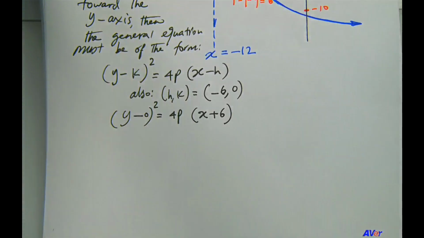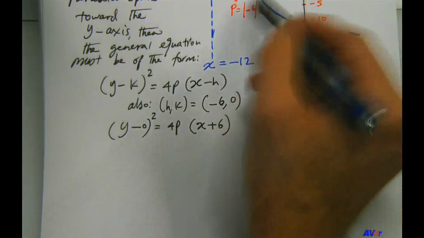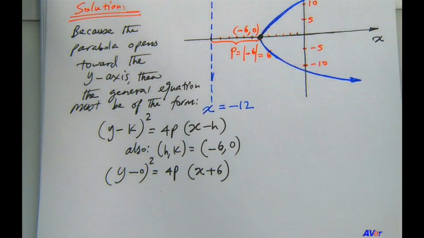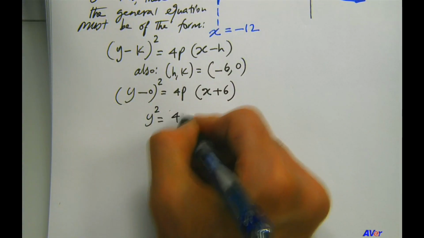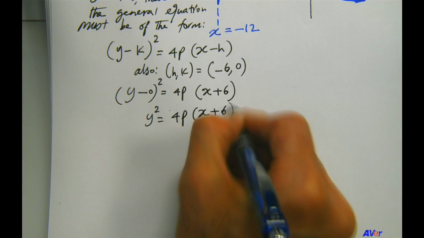So I guess I wrote here what I should have probably written here. So first let me clean this up. So this will be y squared equals 4p times x plus 6.